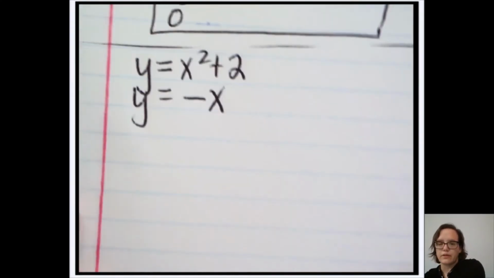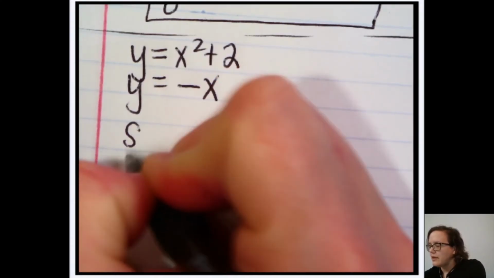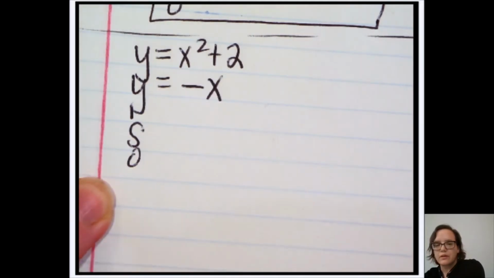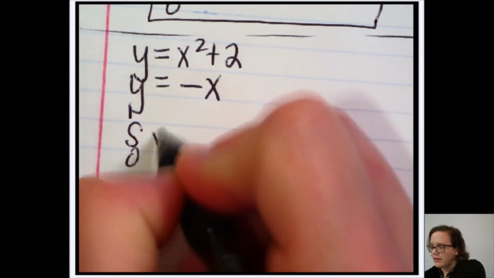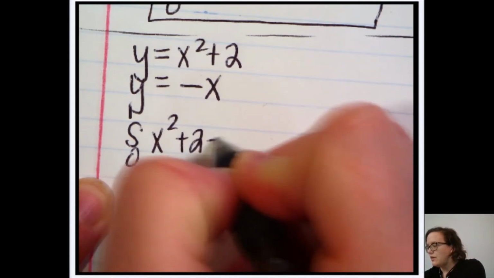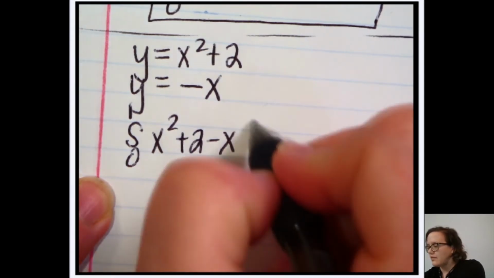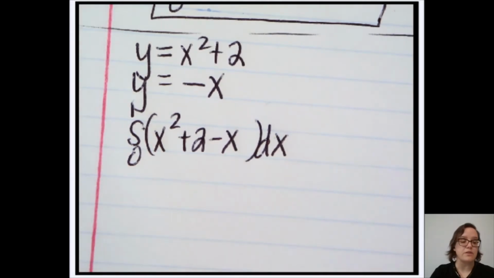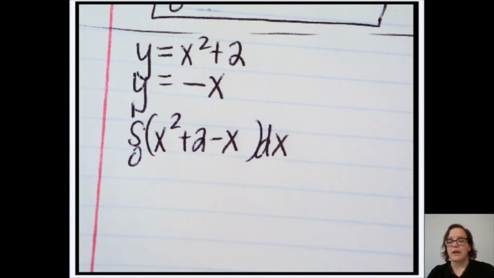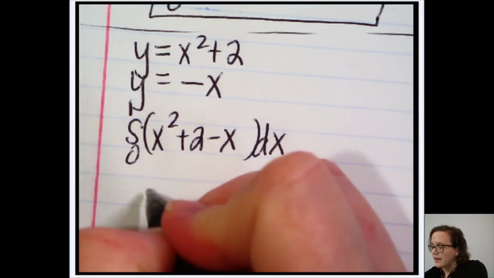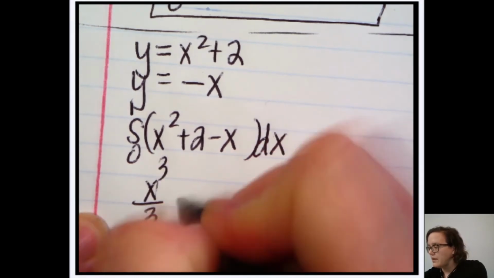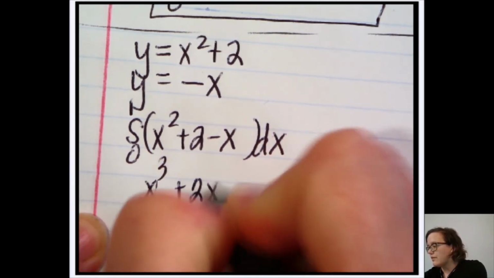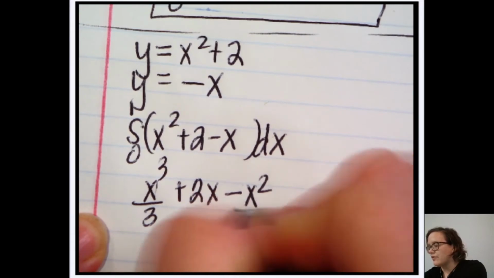Okay, so let's just use our formula now. We're going to go from 0 to 1, and we know our top one is x squared plus 2. We want to do minus x dx. And now we actually want to find that amount of area in between, so we have to go ahead and integrate this. So we get x cubed over 3 plus 2x minus x squared over 2.